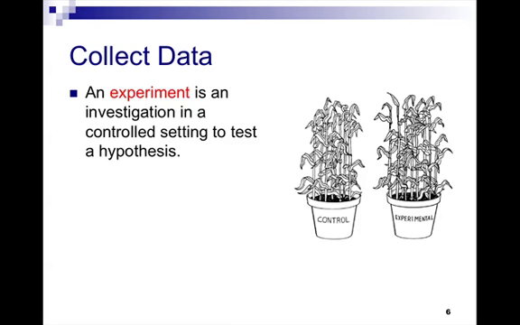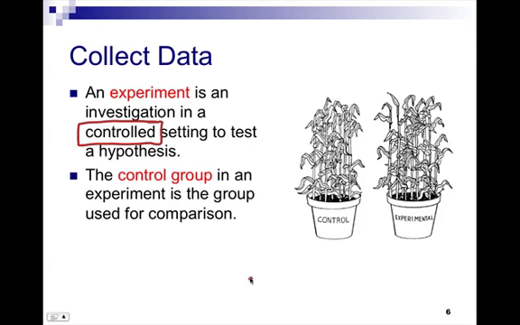So once again, here we've got that word, control. And what does that mean to have a controlled experiment? The control group is a group in an experiment that is used as a comparison. That's a really bad sentence there. So the control is what we're going to compare the experimental group to.